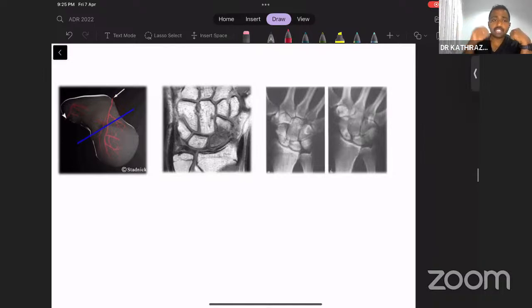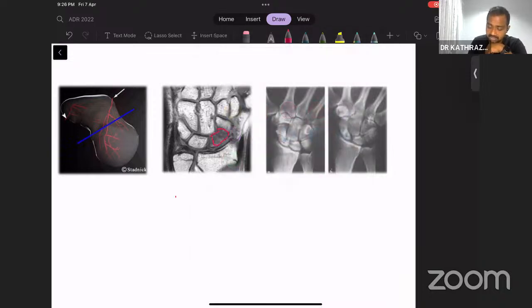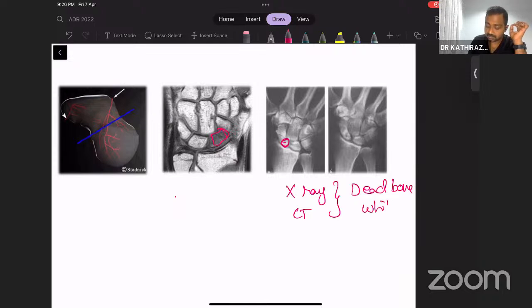Now, you all know the scaphoid can also be tested in other ways. For example, can you see the second image in this? The second image is again a T1 weighted image. In a T1 weighted image, a necrosed bone will look dark. But in an X-ray and a CT, the dead bone will look white.